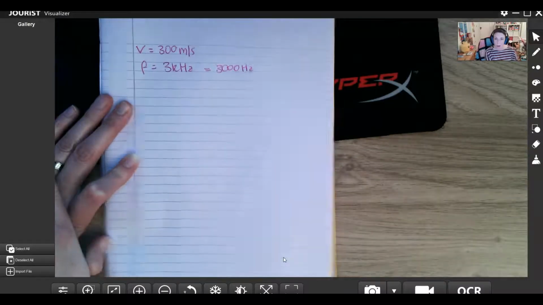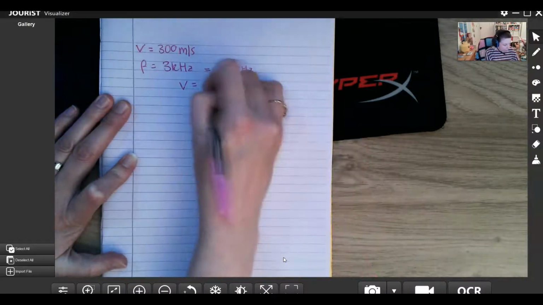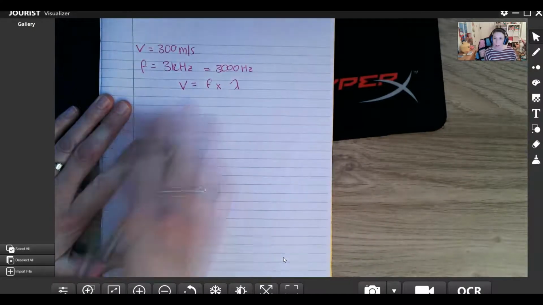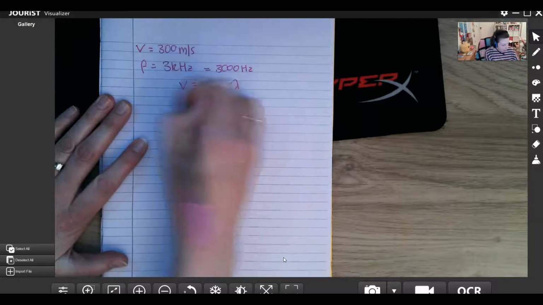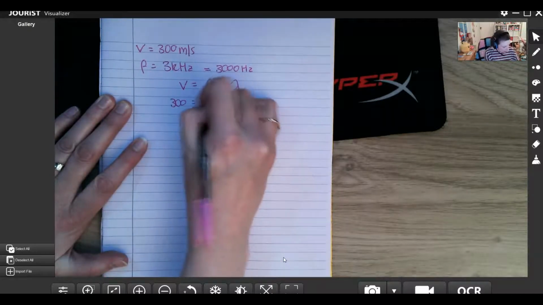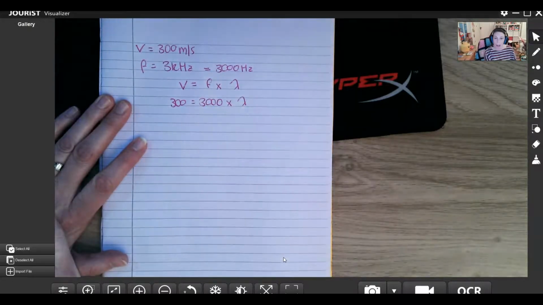Then I can use my equation. So wave speed or wave velocity equals frequency times wavelength. Sub in the values that I know. I know my velocity is 300. I know my frequency is 3,000 times my wavelength. And I need to find my wavelength.